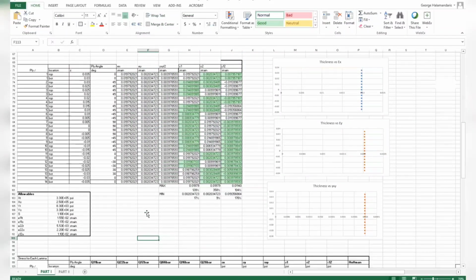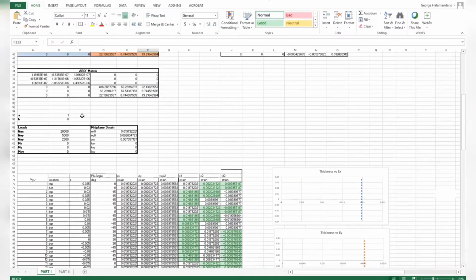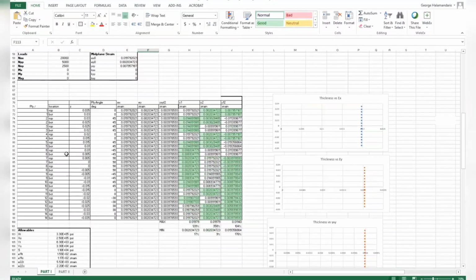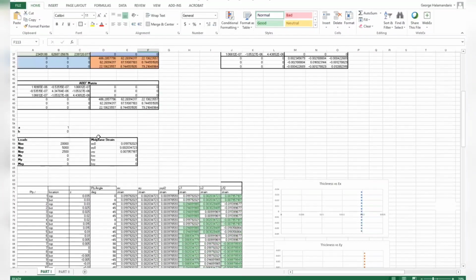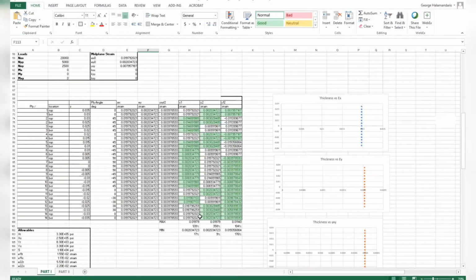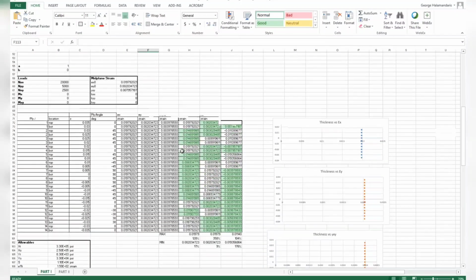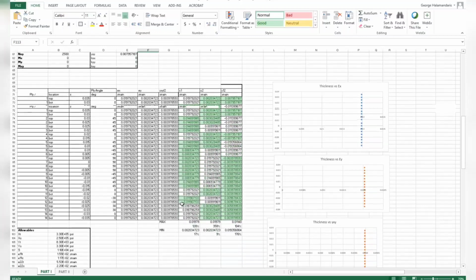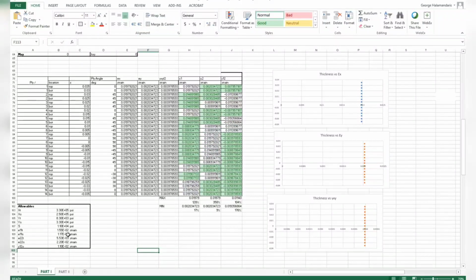So now I have A and B, which again are parameters to scale your stress resultant and moment resultant. And I can see here with A being 1, there are some exceedances by 128% in the E1 direction, or E1 strain, versus my E11T allowable, since it's all in tension.